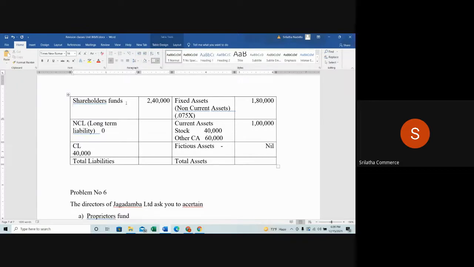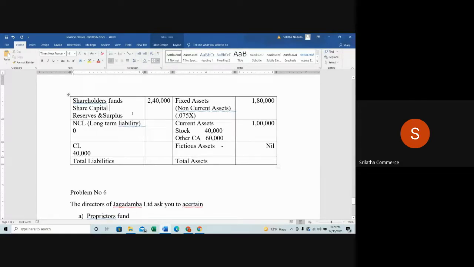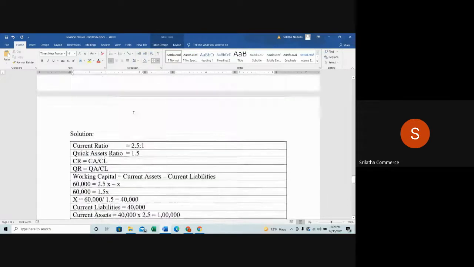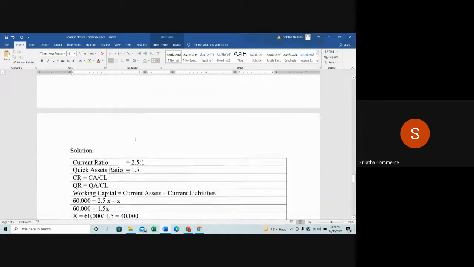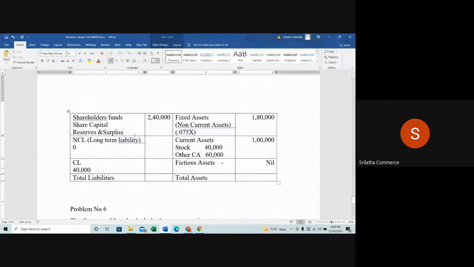So in shareholders' funds you have share capital, and he had given reserves and surplus of 40,000.